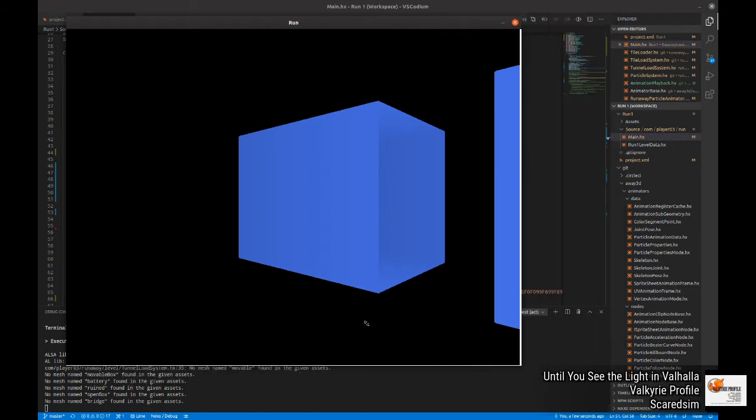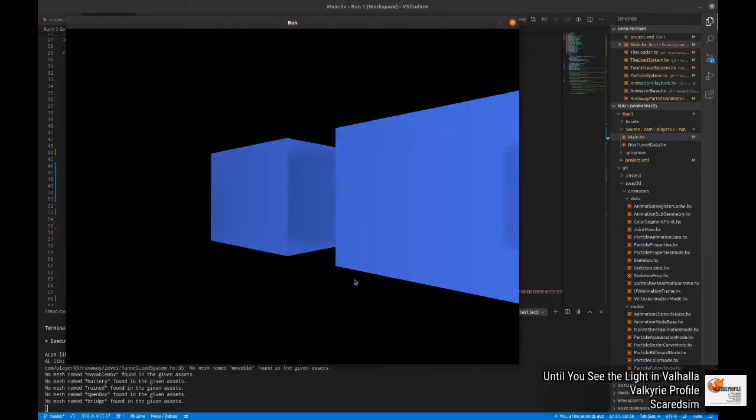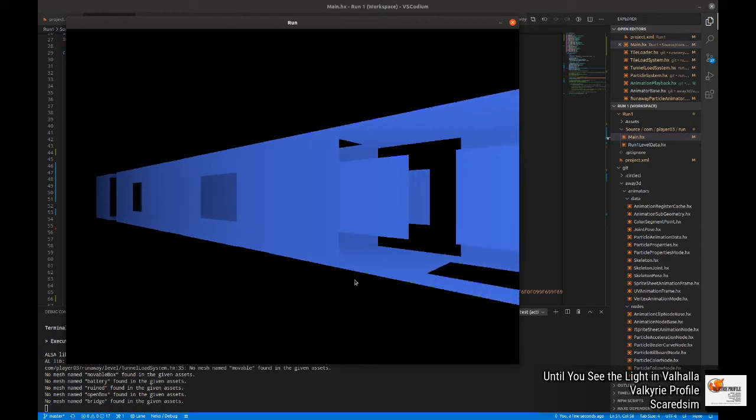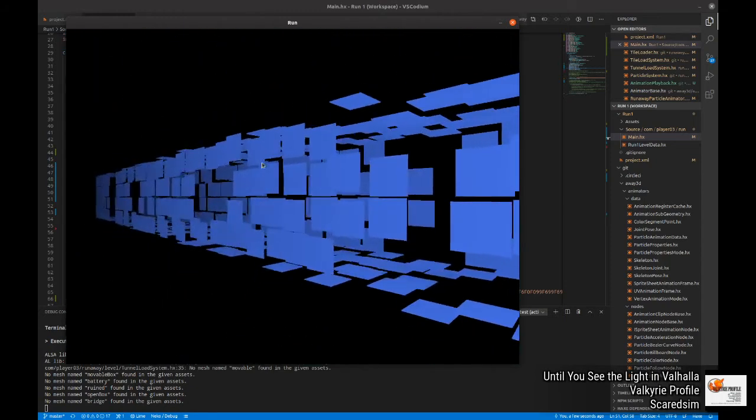I have to compile it each time I want to change the camera angle because I didn't finish programming the camera before we started.